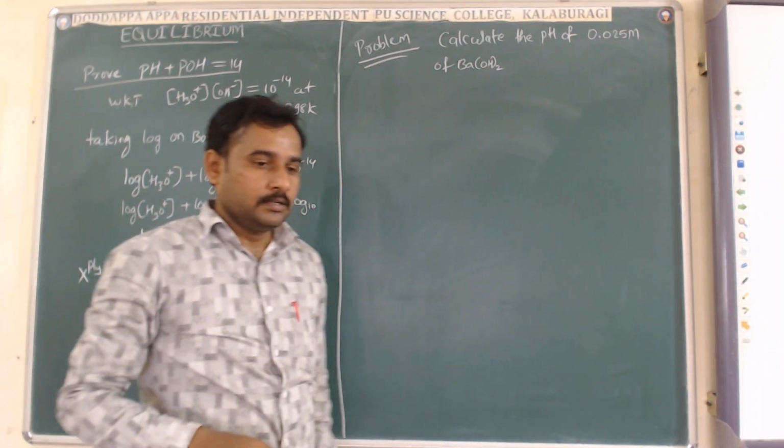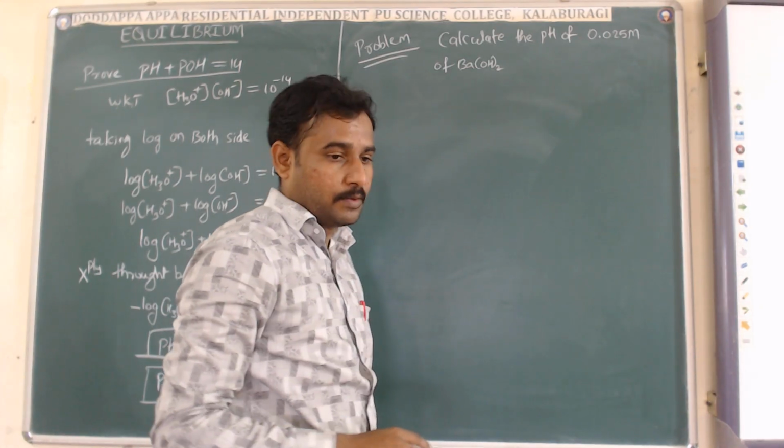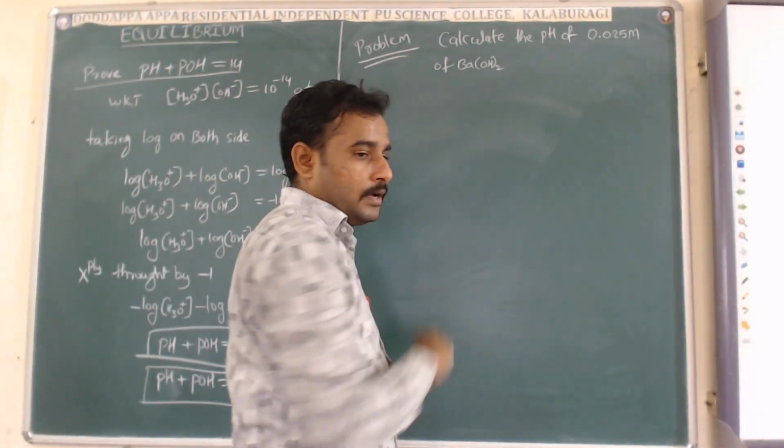Okay, so here you have to calculate the pH of a 0.025 molarity barium hydroxide solution.